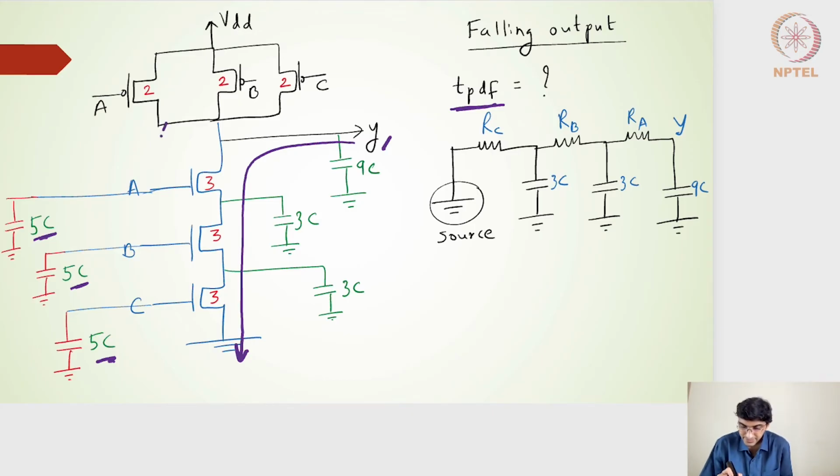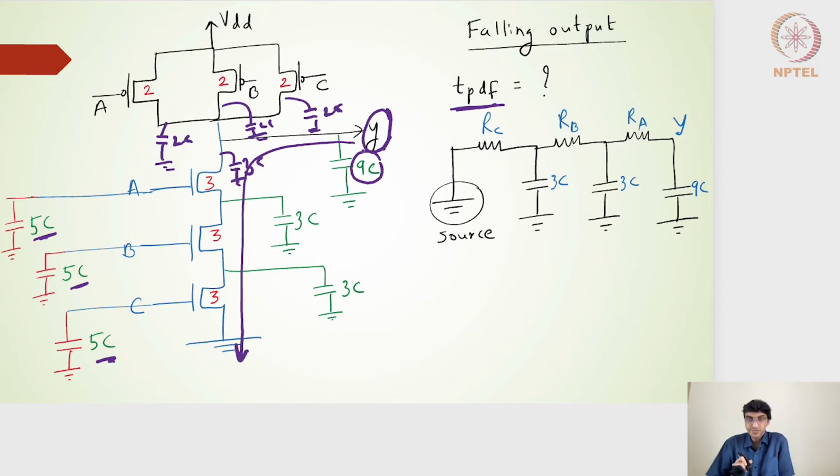Although the capacitance of 2C here is anyways there, which will get incorporated into Y, and that's why I've written Y as a capacitance of 9C. So all this 2C, 2C, and 2C, and then there is a 3C capacitance here also, which is accommodated into the 9C capacitance. This 9C capacitance has to discharge completely to 0, right? And that is when we will find out the propagation delay falling.